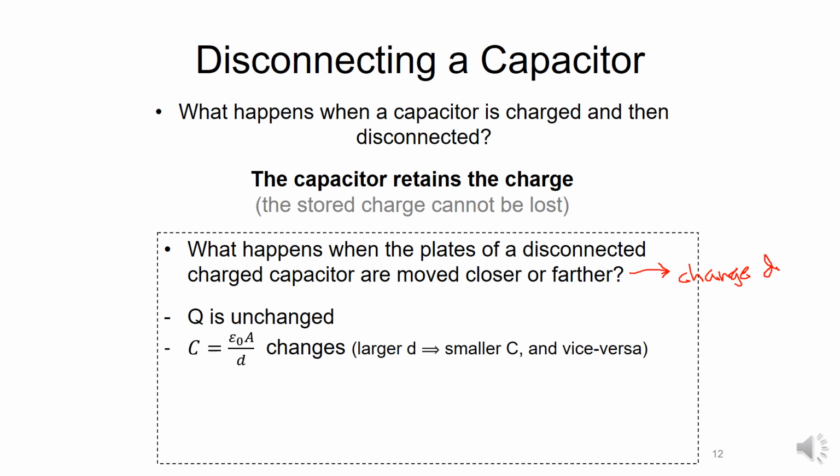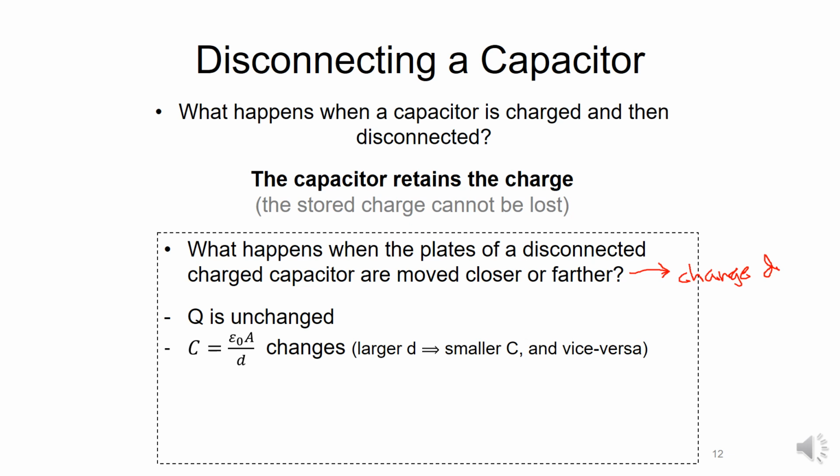Then let's look at the equation for capacitance. It's on the slide, the second equation: C equals epsilon 0 times area divided by distance. We know that epsilon 0 is the constant, the permittivity of free space, and it doesn't change. We are assuming that the area of the capacitor plates isn't changing, so A is constant as well.